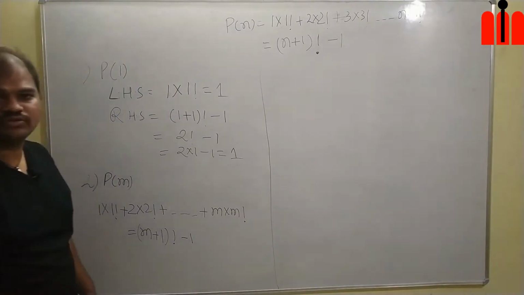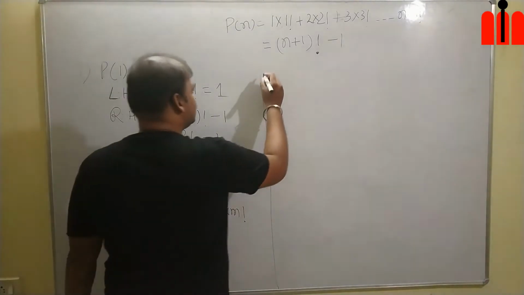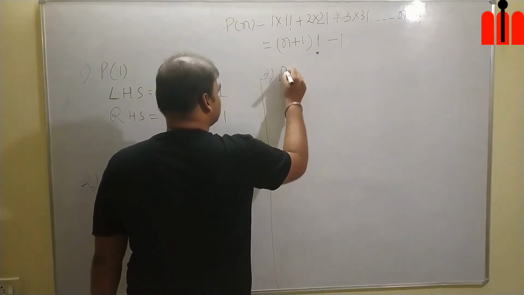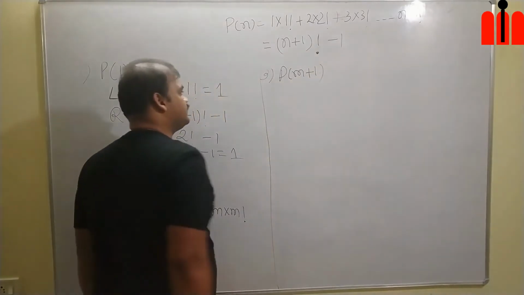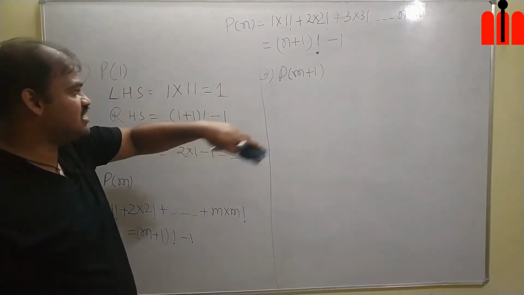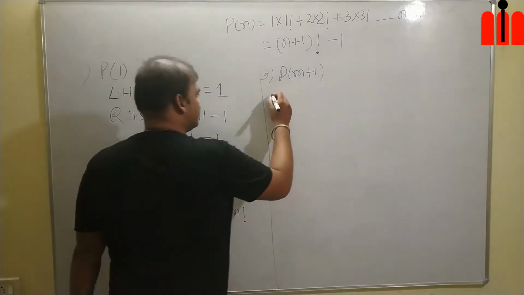Let's solve for our main step, which is the induction step. So let's solve Pm plus 1. Now in m plus 1, what will be my LHS? How will my LHS look?